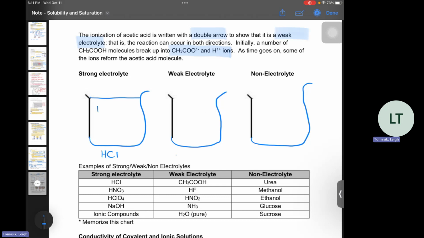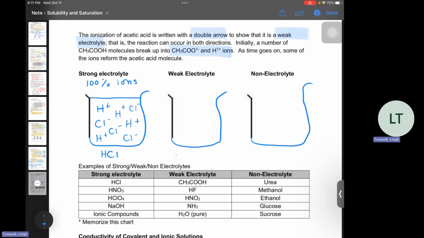HCl, when we make it a solution, will be full of H pluses and Cl minuses. Everything is ion, so 100% ions.